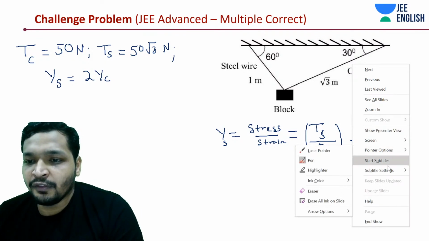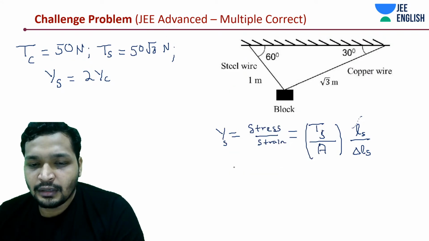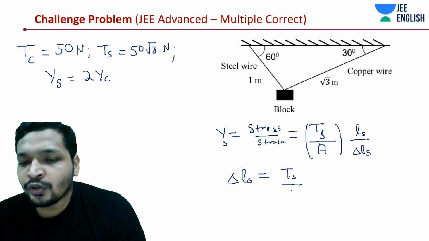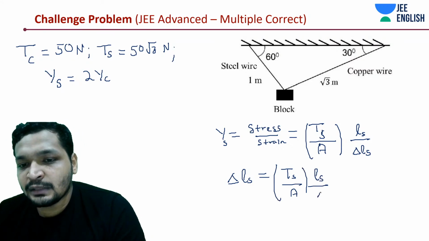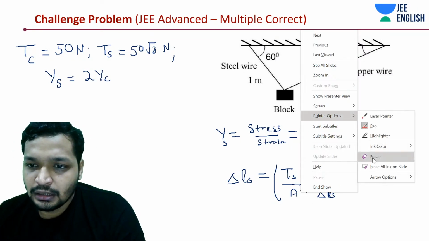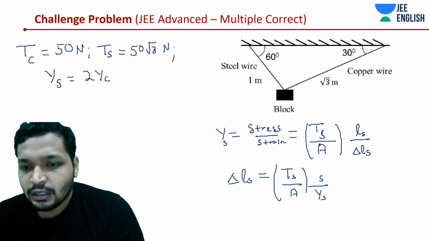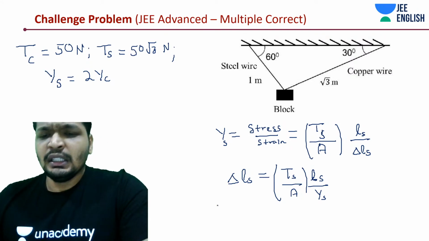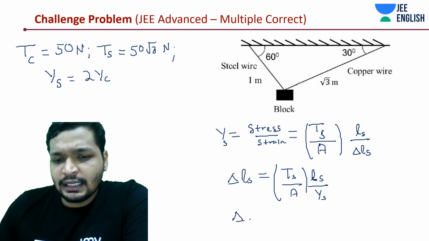From this equation, you would have the value of delta S, and you probably want to incorporate these ways in your exam. Ls by root 3, Ys. Now this is one thing that we have, and similarly we would also have that one for delta LC as well.